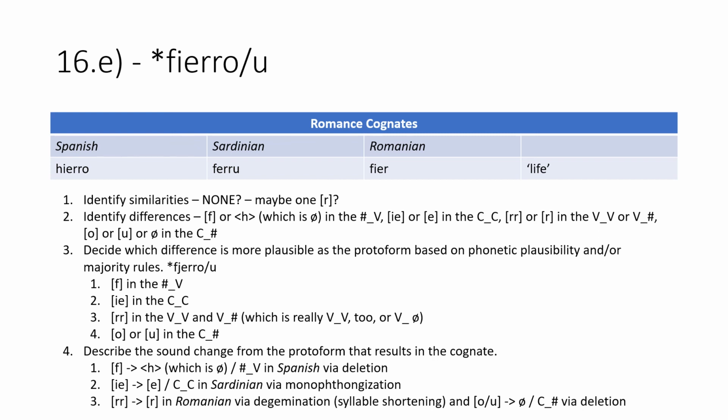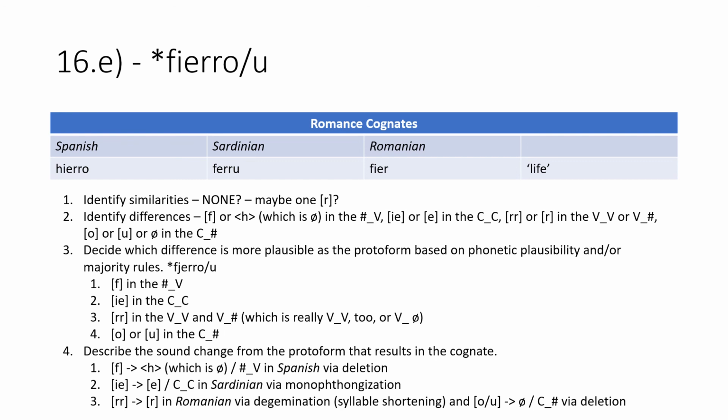In other words, it's turned from a diphthong into a single sound. And then the double R appears to be more likely based on majority rules. Once again, the idea is it's more likely that there was something there that is deleted than that we actually add something. And then once again, we can't tell the difference between the O or the U as we discussed before.